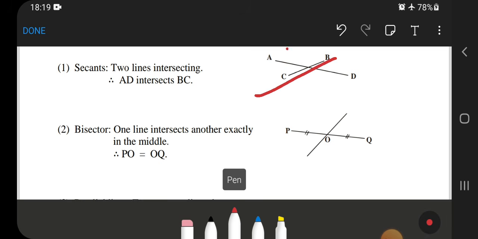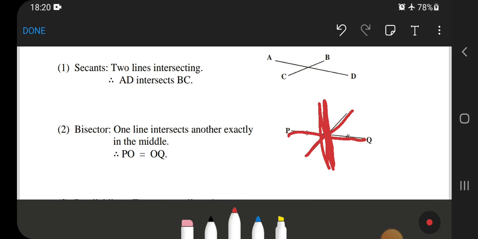So we can just have something like they meet here. It's not in the middle of this one that is lying down, the first one. So this one and this one are just intersecting. But when we come this side, we say they are meeting exactly at the middle. So when they are meeting exactly at the middle, this one equals this one.